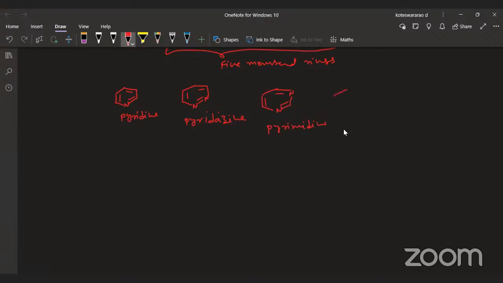Next, if 1,4 position, pyrazine. Next, this is pyran. These are the 6-membered rings.